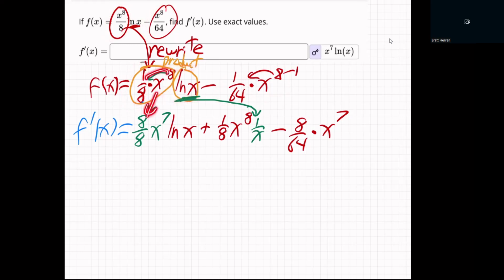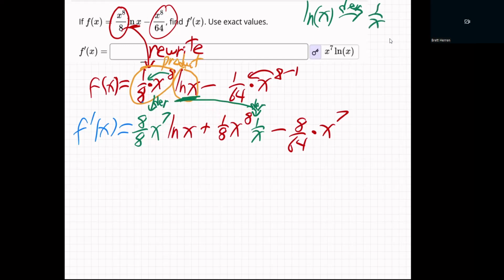The first one goes first, 8 comes down, subtract 1 from the power, and the ln just sits there and observes. Plus, now it's the second one's turn. The 1/8 x to the 8th just sits there, and the derivative of ln x is 1 over x. Remember that? The derivative of ln x is 1 over x.